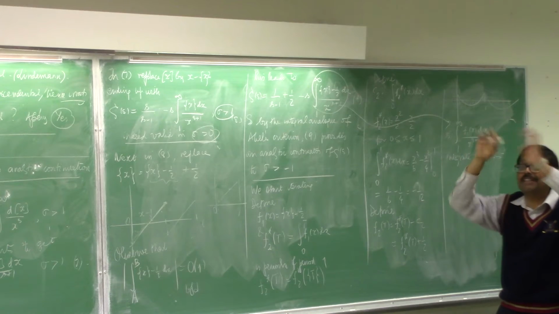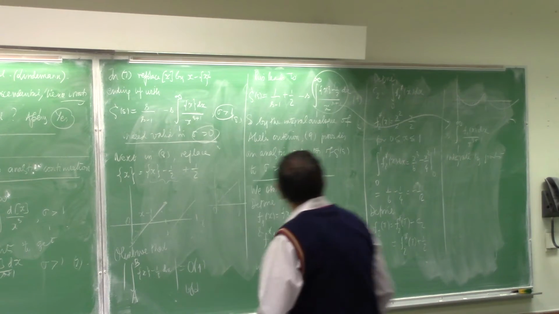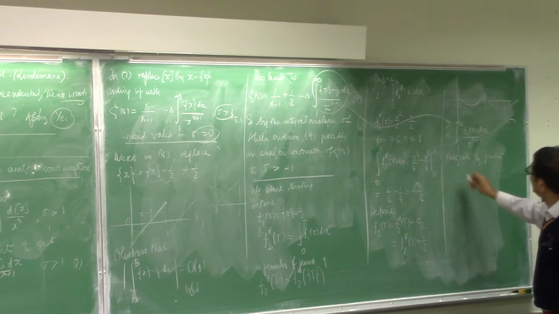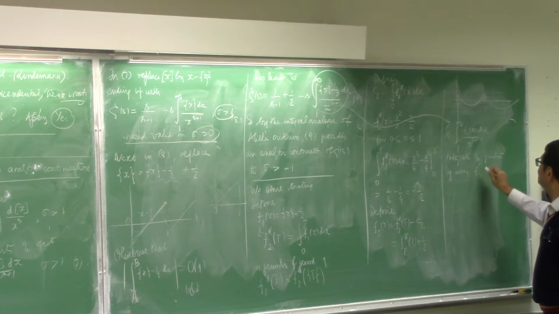So everything is bounded. So you integrate by parts using f2 of x as the antiderivative.